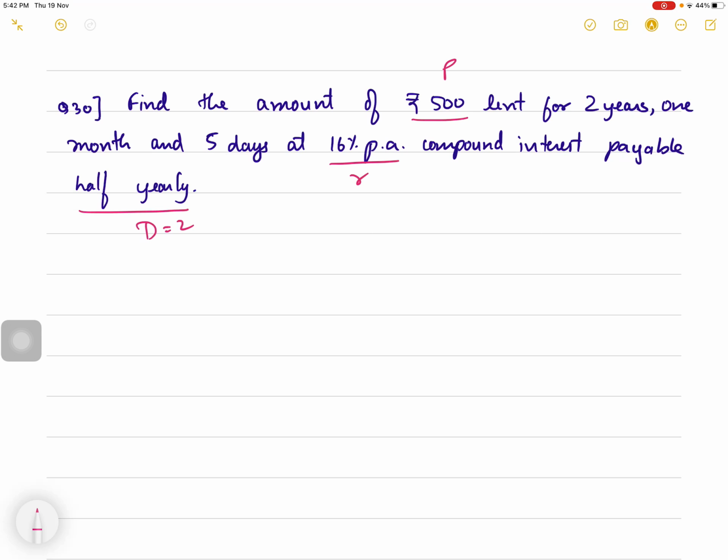Okay, let's solve this because it's 2 years, 1 month and 5 days. So 1 month means 1 by 12 and 5 days means 5 upon 365. So n is equal to 2 years, 1 by 12, 5 by 365. Okay, so let's solve.